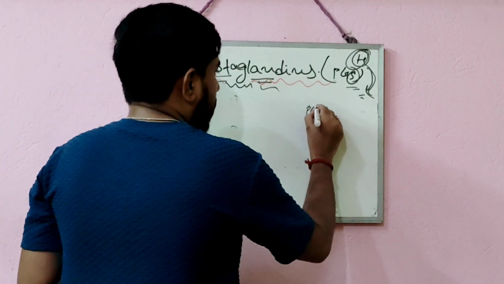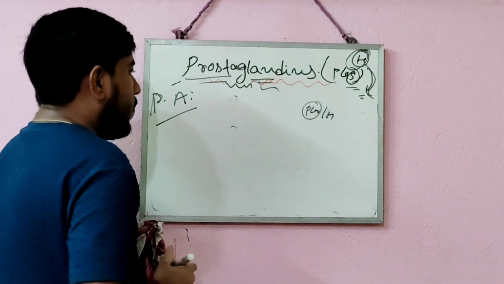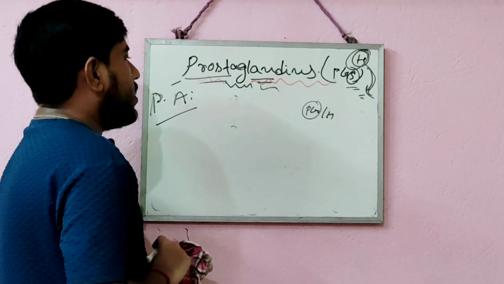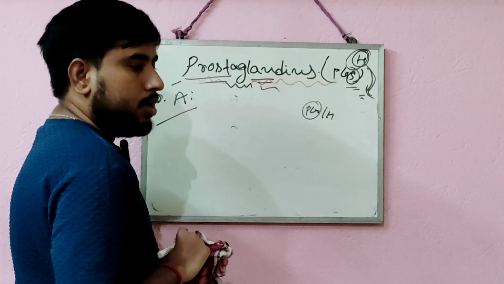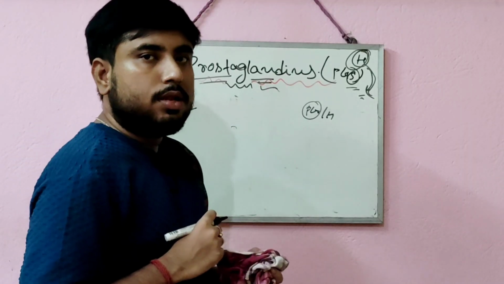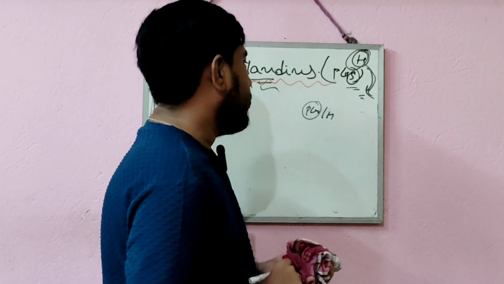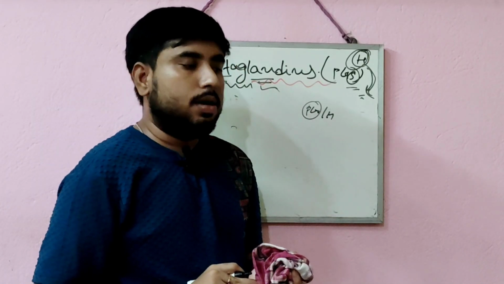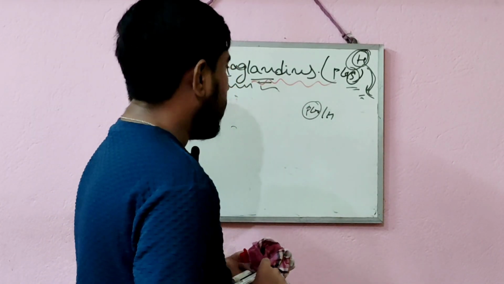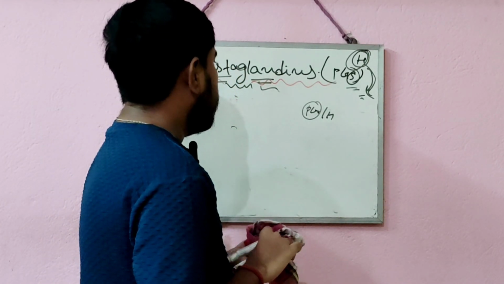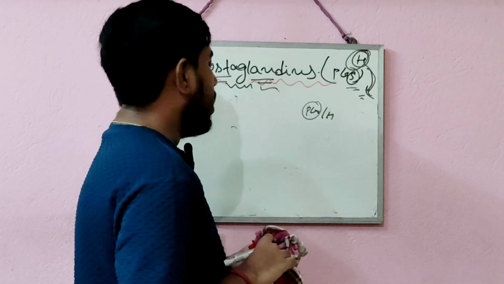In this slide we are going to discuss the physiological action done by prostaglandin in the different systems of our body, including CVS, CNS, respiratory, kidney, endocrine system, our ocular or eye system, then the renal system.